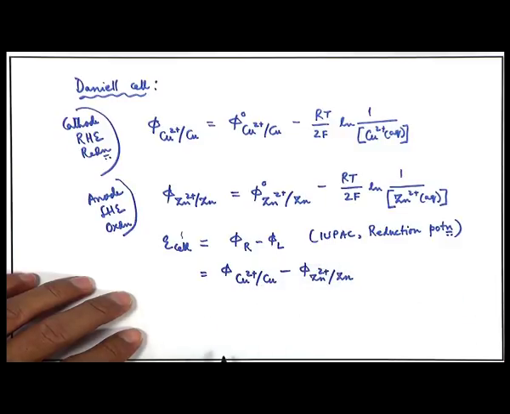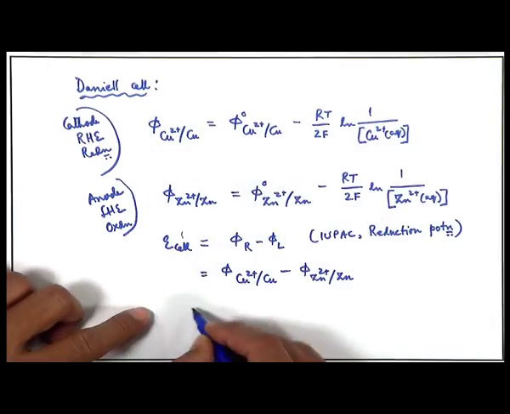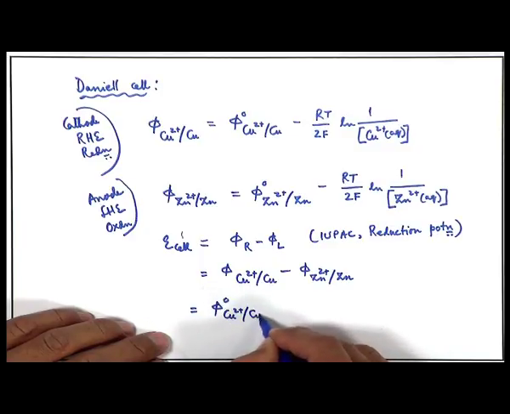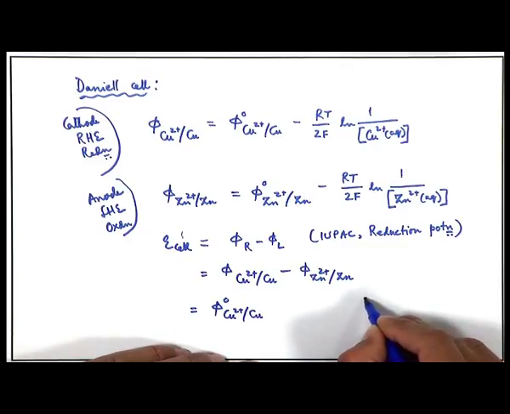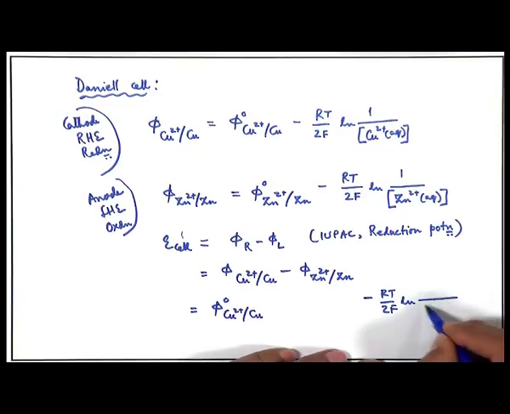You just plug in this information, you write this one first. That means phi naught Cu 2 plus Cu, then write minus RT by 2F ln Cu 2 plus aqueous.